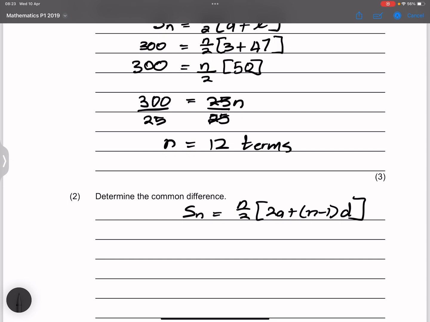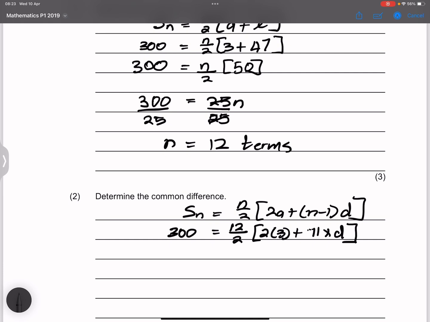So we know our sum is 300. Now we know that it's 12 terms that made 300. So I'm going to say 12 over 2, that's 2 times our a value, which is 3, and our n value is 12. 12 minus 1 is 11 times d.